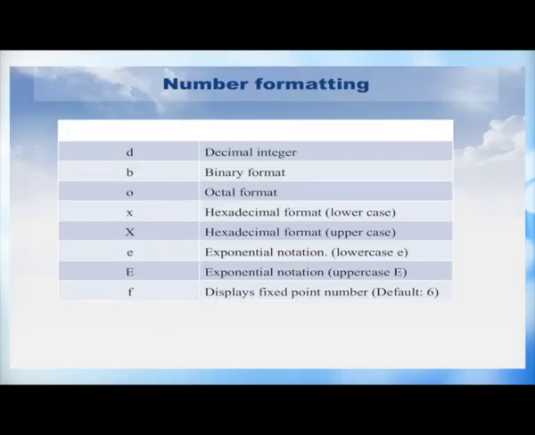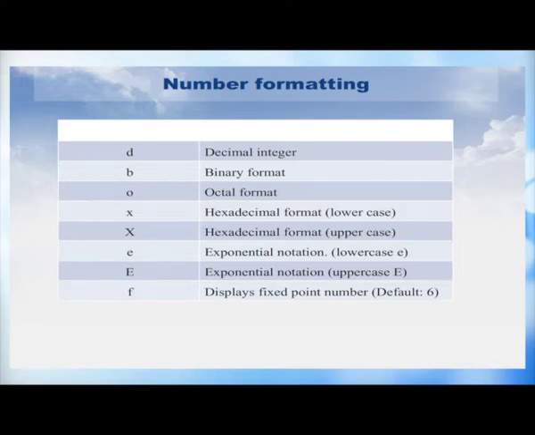Now, we are going to see about formatting of numbers. Here again we are using the format function only. As you can see, there are various format specifiers for formatting numbers.